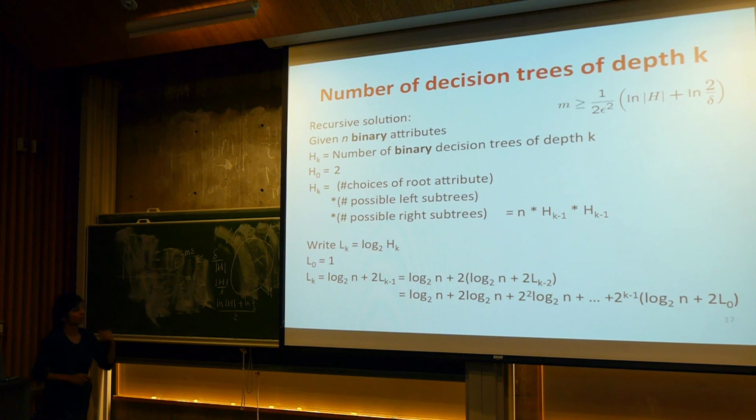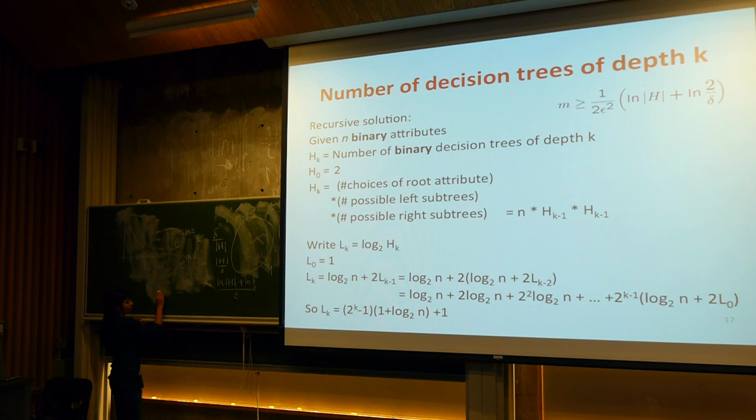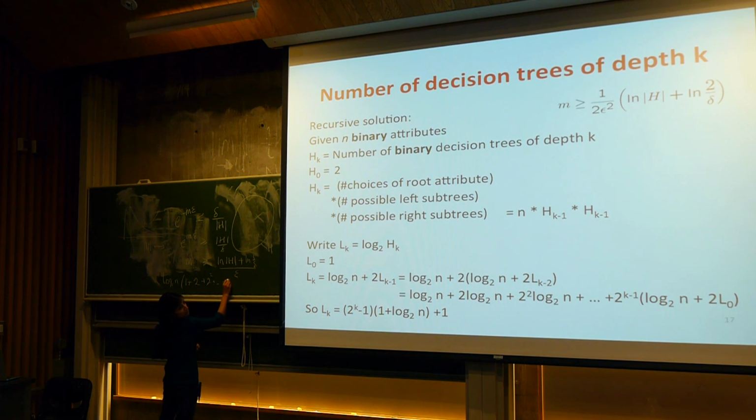Now you just get a series here that you can sum up. So I believe the way you would get it is you can pull out all the logs, right? Once you've pulled out the logs, you're left with 1 plus 2 plus 2 squared and so on up to 2 to the k minus 1, right?